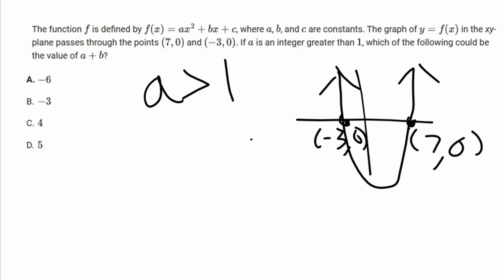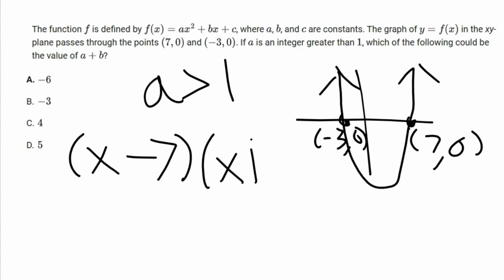So let's go ahead and create a form. We know that when you factor out a parabola, you factor it out using its x-intercepts. So an approximate form of this could be something like this. Because if you plug in either 7 or negative 3 into this, the answer is going to be 0 coming out.